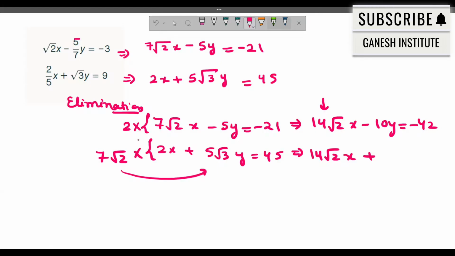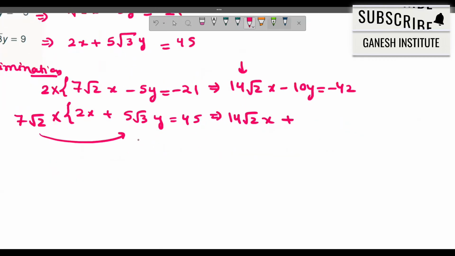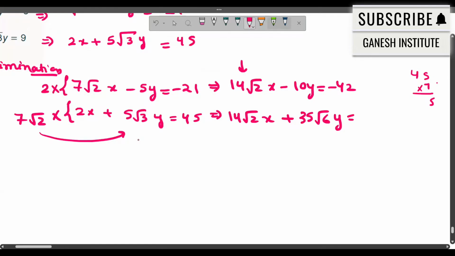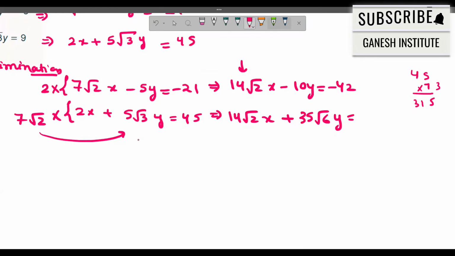And then furthermore, from there you would do 7 5s are 35 root y. Yes. So 35 root y is equal to 45 times 7. 45 into 7: 35, 28, 31.